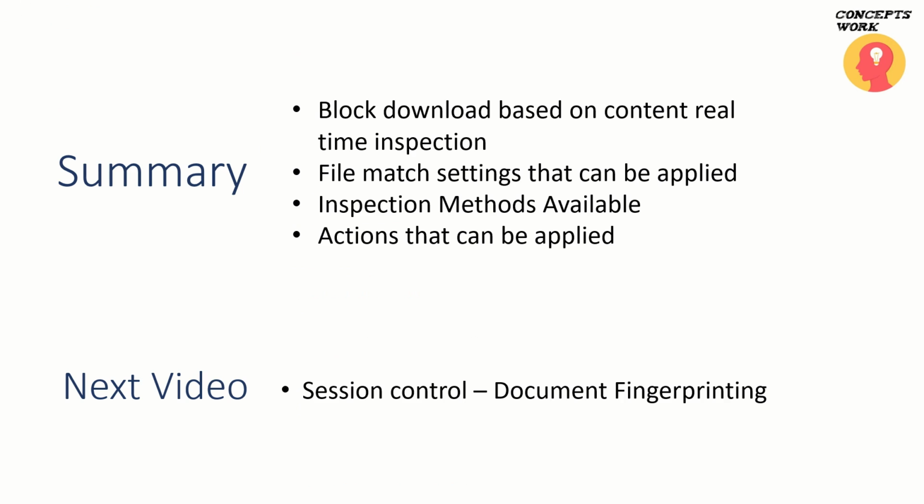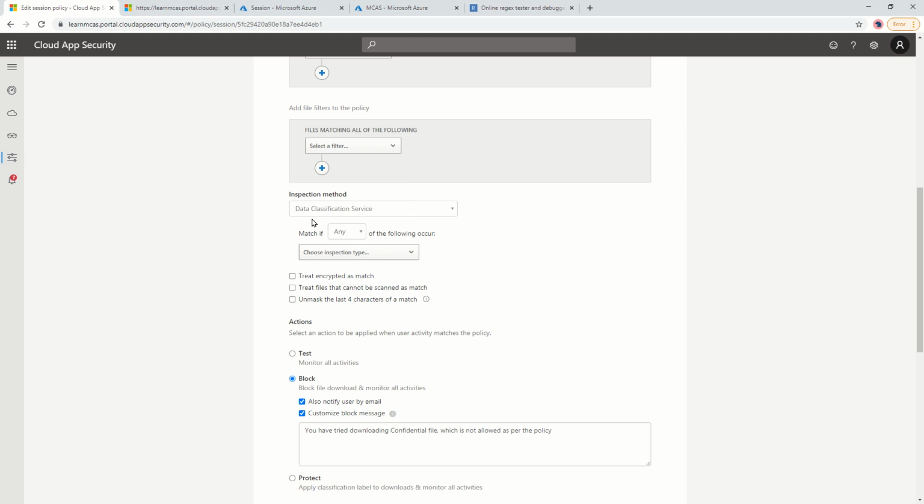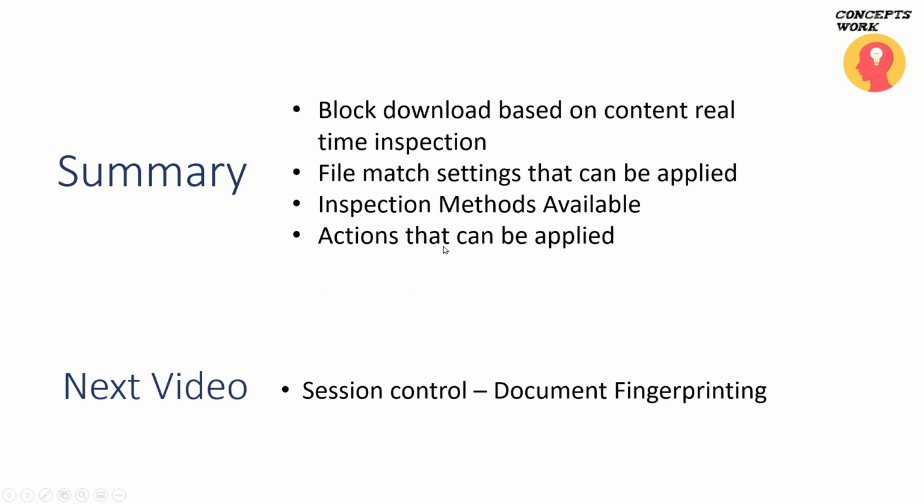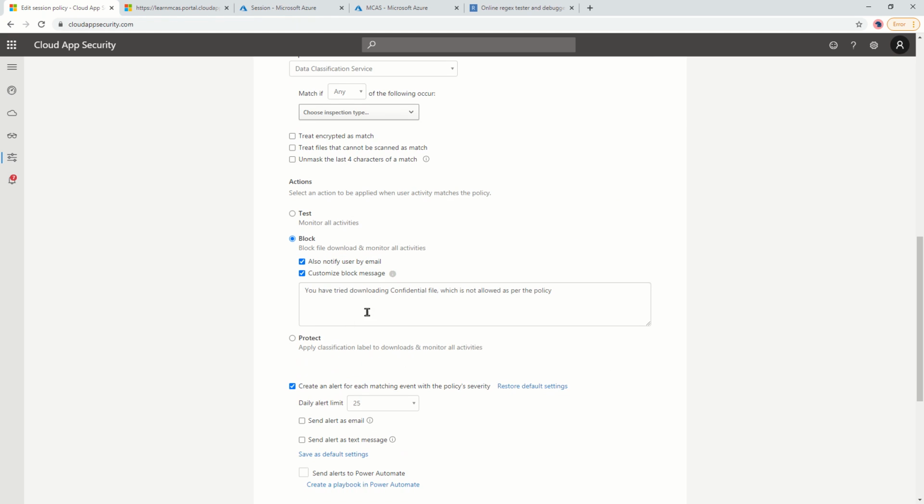We also talked about the inspection methods available, which relates to the section called inspection method. Then we talked about the actions that are applied. The last section of the policy was the actions itself, wherein you can define different custom controls that should be applied when any event match or task match has been triggered.